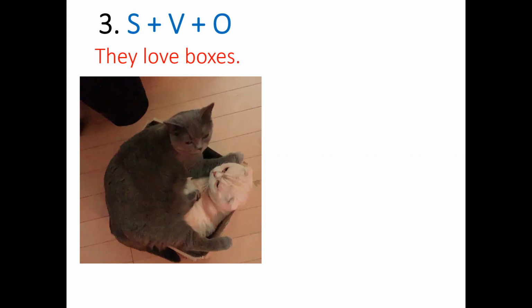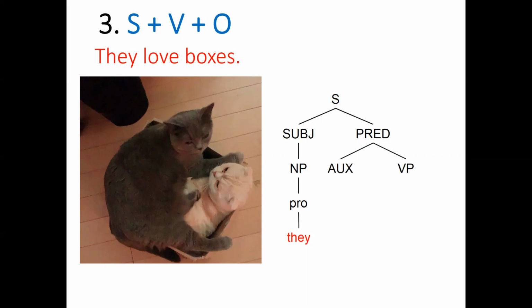And like the examples in the previous video, we start diagramming our sentence with the subject and predicate of the sentence. Expanding the NP of the subject, we have the pronoun they. And turning to the predicate, we have the obligatory constituents, which are the auxiliary and a verb phrase. And in the auxiliary, we keep our verb tense, which in this case is present.